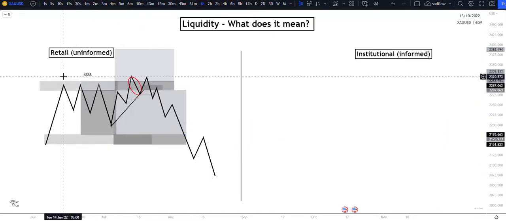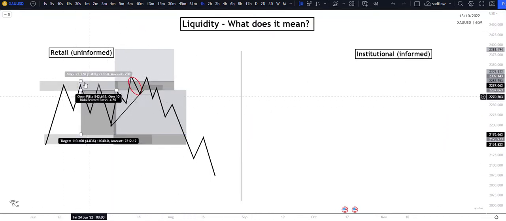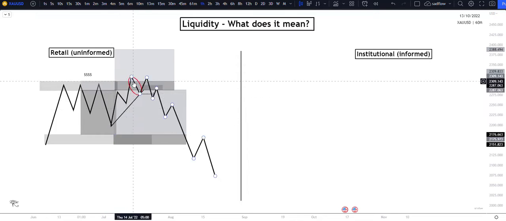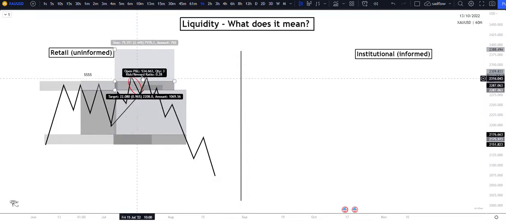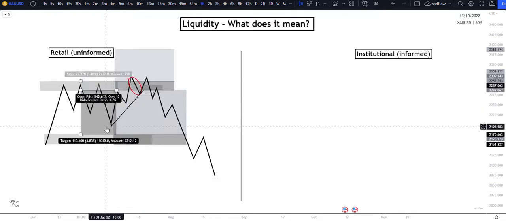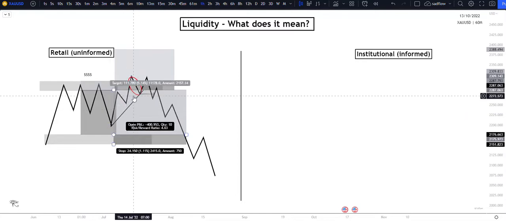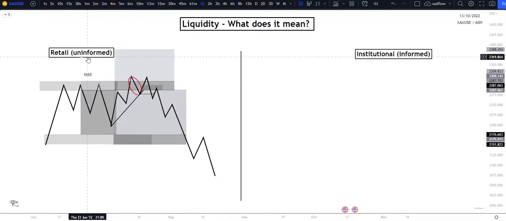So now that they have been taken out of their trades here in these shorts, they're like, I'm going to go ahead and buy now because I've been disproved. They buy, they put their stop losses underneath these lows, and these lows, and the liquidity that's available is now the reason that price distributes to the downside. So that's how the market moves and why they are manipulated from a retail perspective.